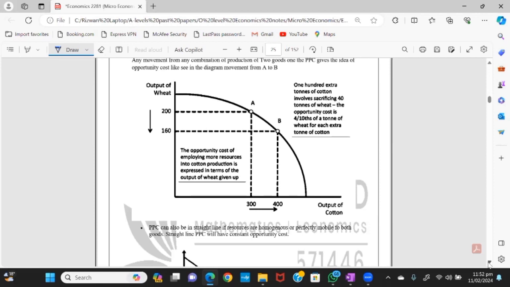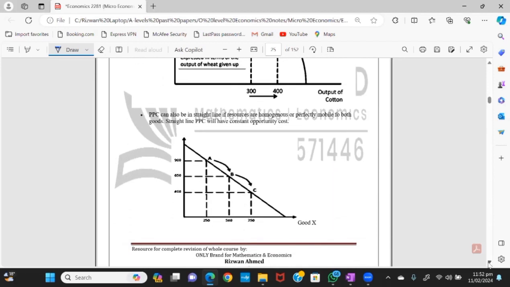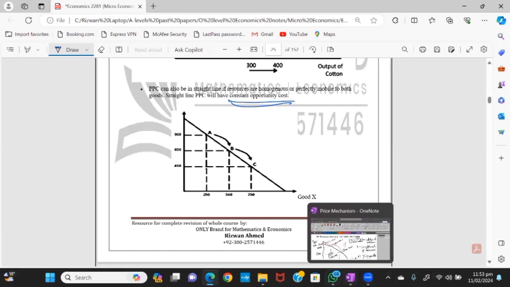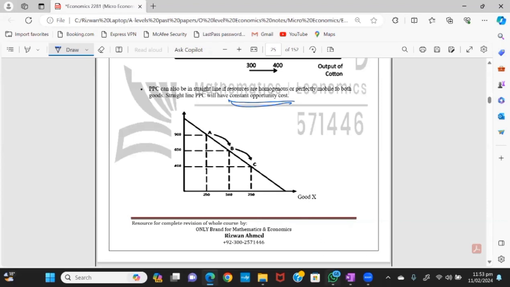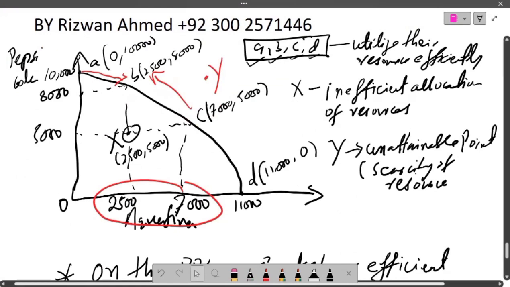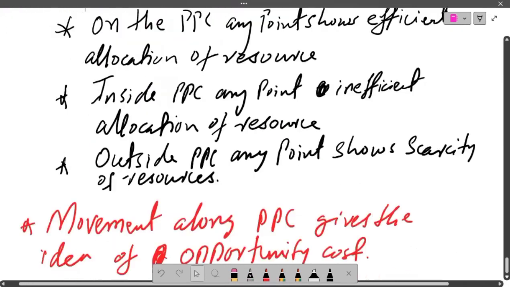So the last and most important thing: when will PPC become a straight line? This is the important point. The PPC will become a straight line when there is a constant opportunity cost. Few people are not clear what constant opportunity cost means and why PPC becomes a straight line. So for this, move on again here and look at this schedule I am drawing.